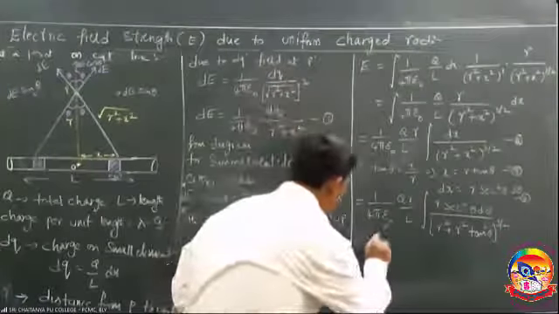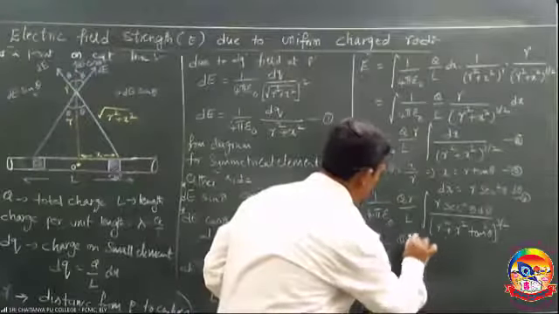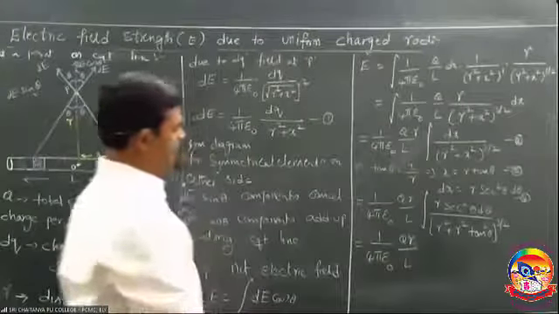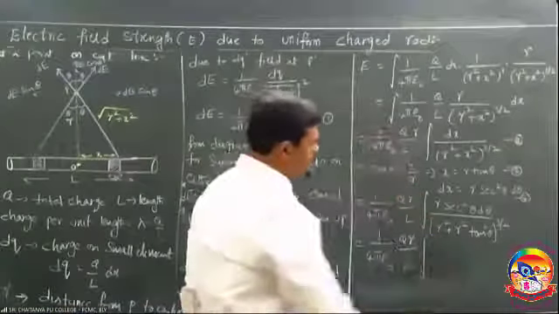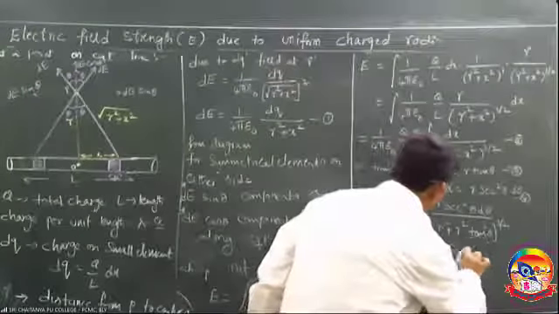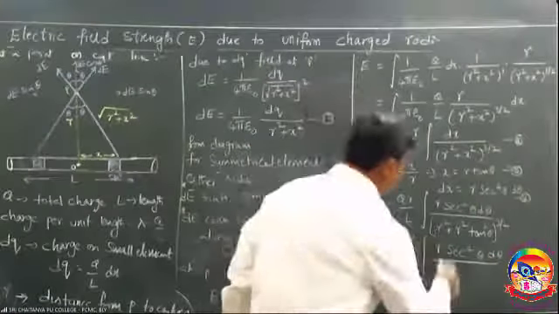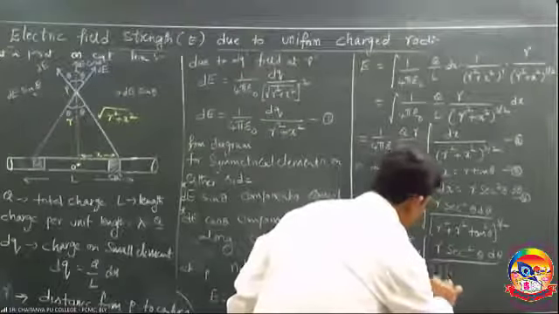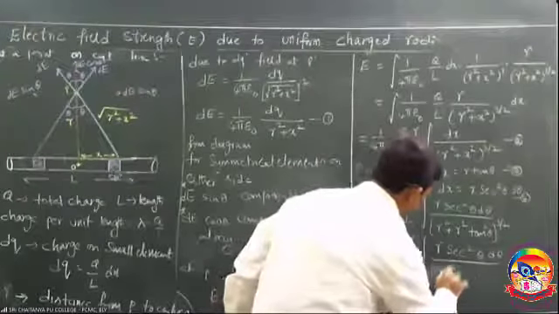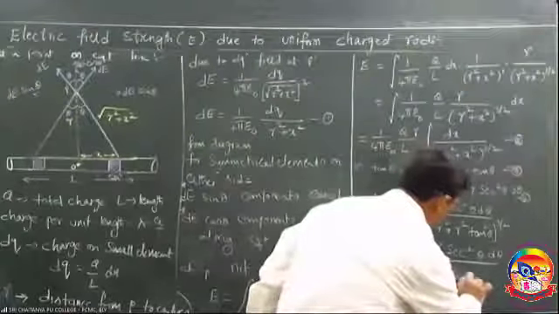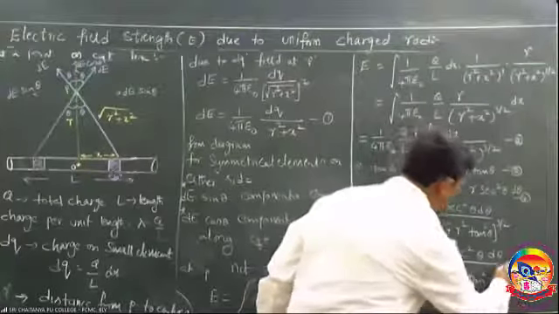Okay, a small thing: 1 by 4 pi epsilon naught Q r by L, integral r secant square theta d theta by, if I bring this r square out, r square power 3 by 2, in both there is an r square, so I can write it like this: r square taken out, 1 plus tan square theta whole power 3 by 2.